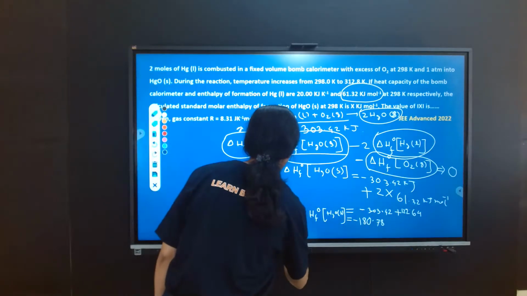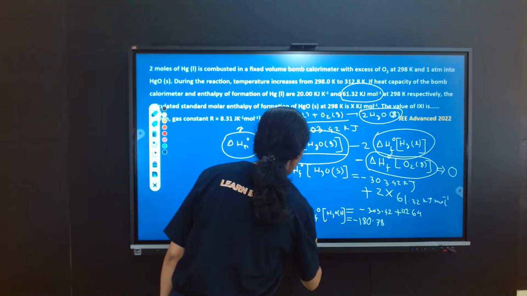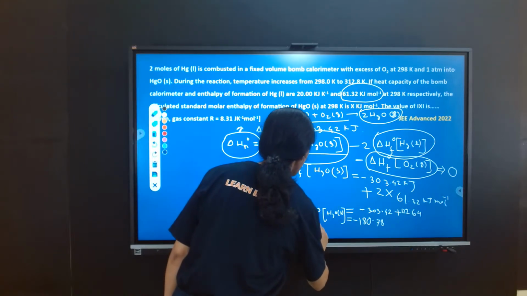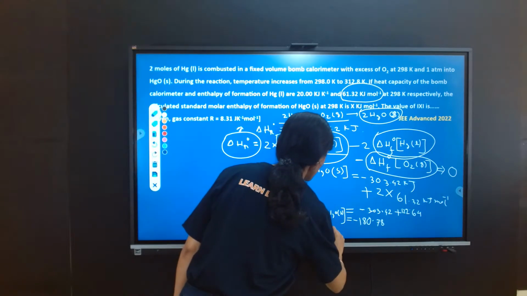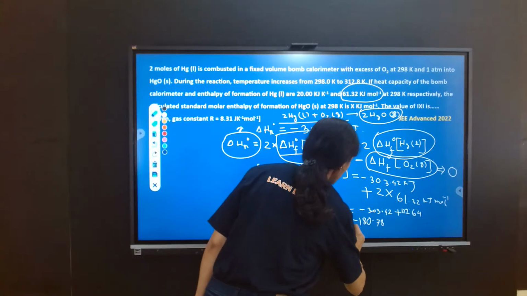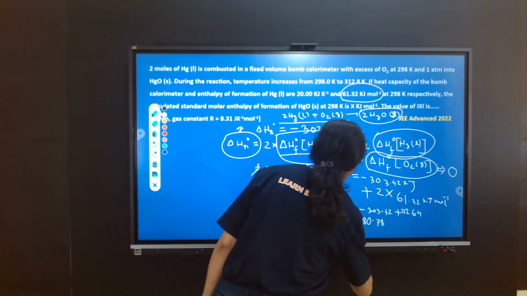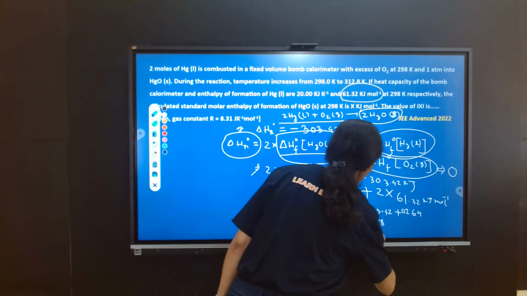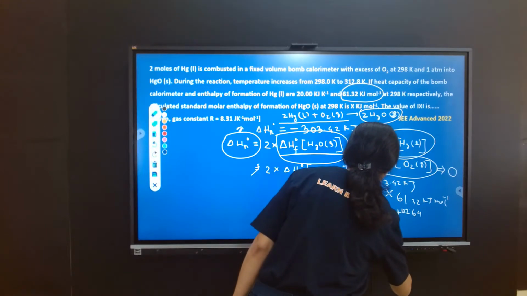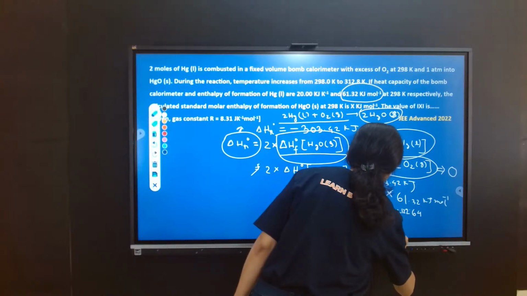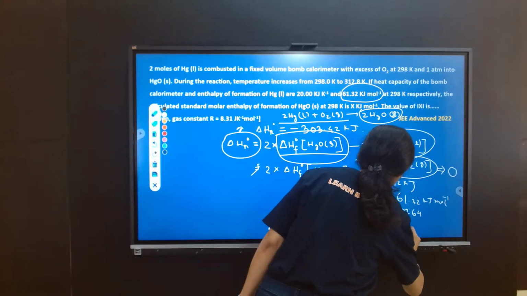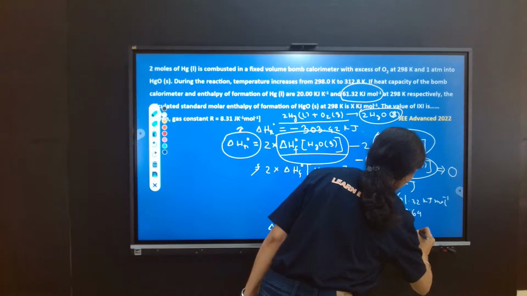So delta HF0 HgO solid is equal to minus 180.78 divided by 2, which is giving you minus 90.39 kilojoule per mole.